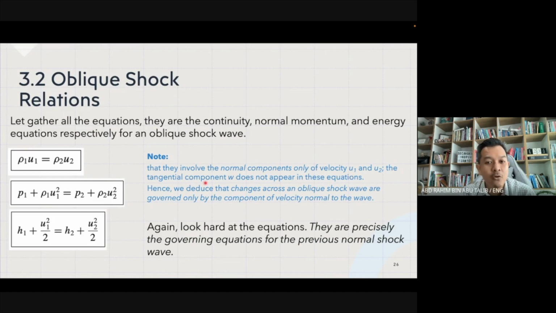The tangential component w does not appear in these equations. Hence, we deduce that changes across an oblique shock wave are governed only by the component of velocity normal to the wave. If you look back at the equations, they are precisely the governing equations for the previous normal shock wave. So you can see that it is the same governing equations.